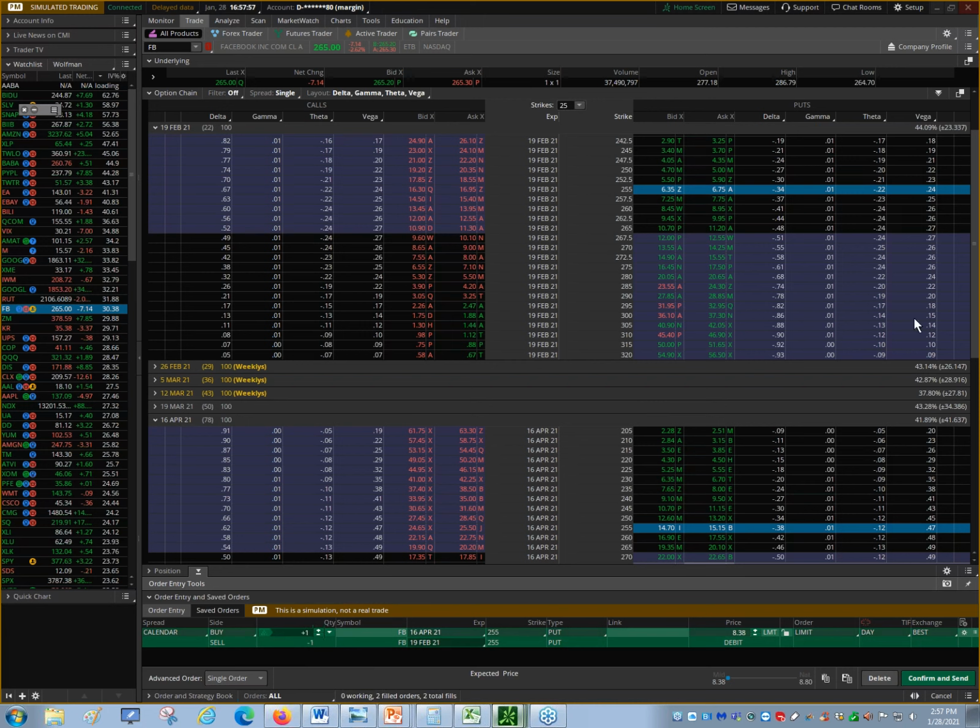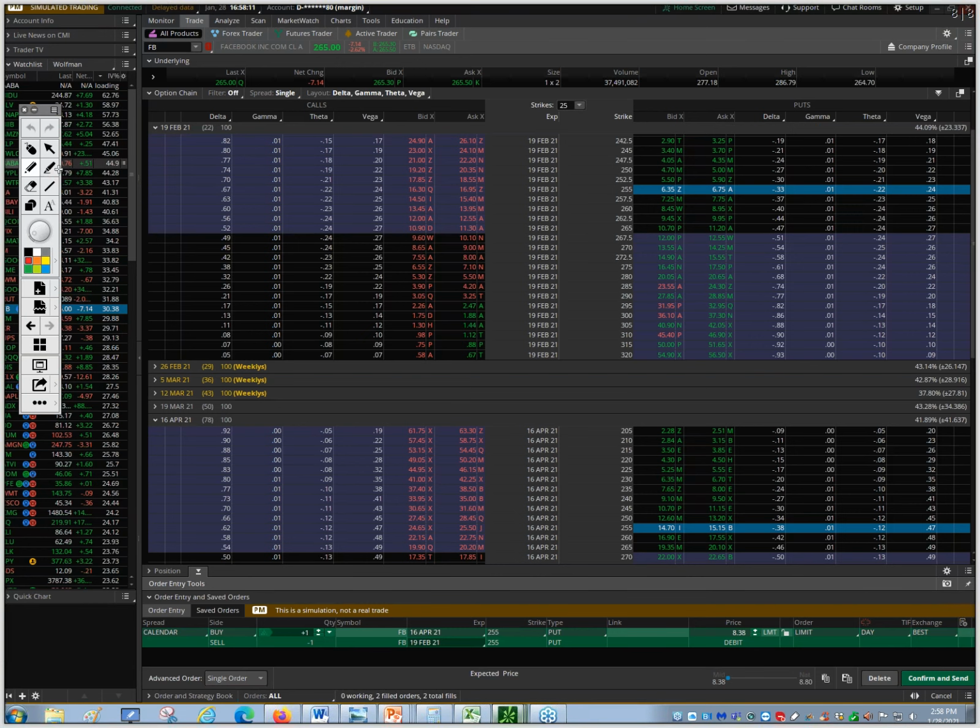Now, one thing I forgot to mention last week going into this week, and I'm remembering again now: volatility. This is really important. Remember, I was talking about taking advantage of volatility. Because we have two separate expiration cycles, we generally see theta is more aggressive the closer to expiration, limited further out.